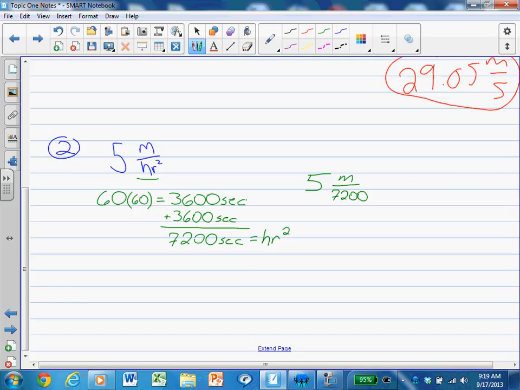So 5 divided by 7,200 is 6.9 times 10 to the minus 4 meters per second squared.